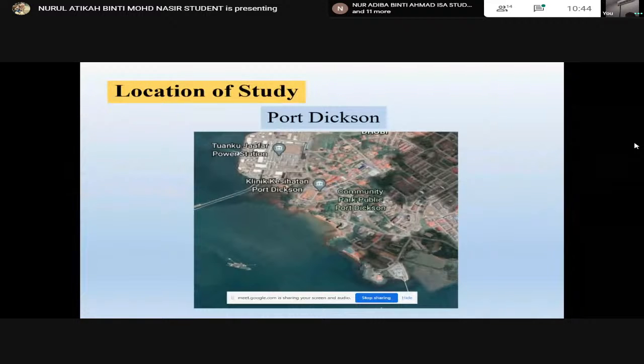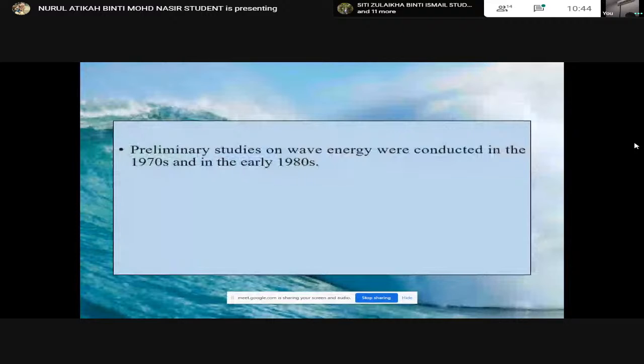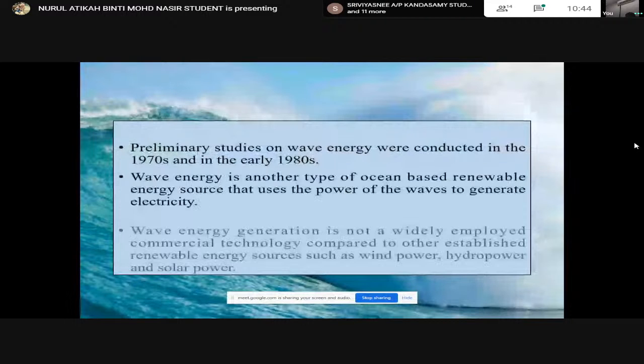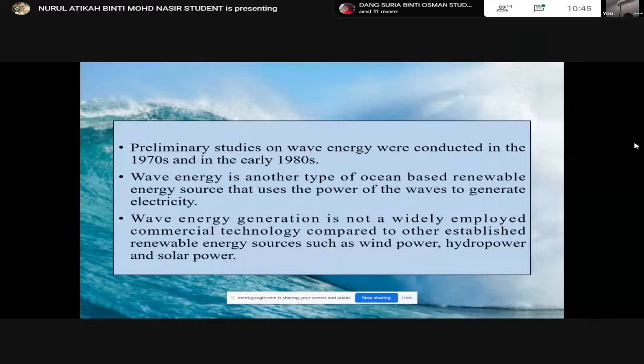Next, based on preliminary study, wave energy studies were conducted in the 1920s and in the early 1980s. The waves result from the wind blowing. The size of wave depends on the wind speed, the period of time wind blow to generate the wave, and the distance the wind blow to the wave.